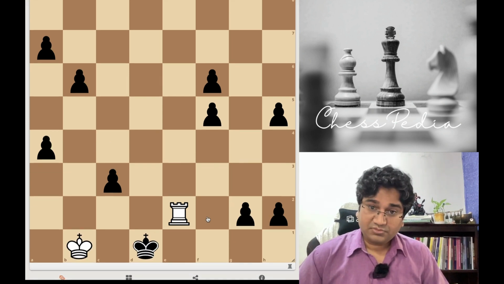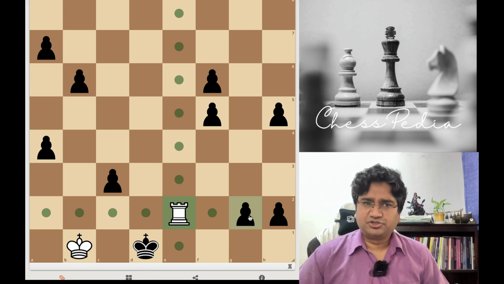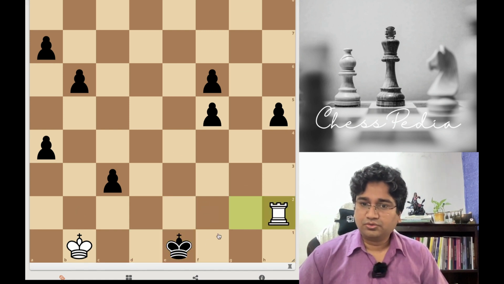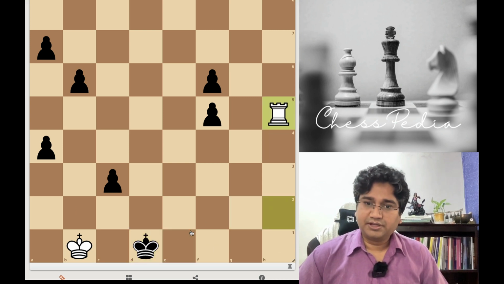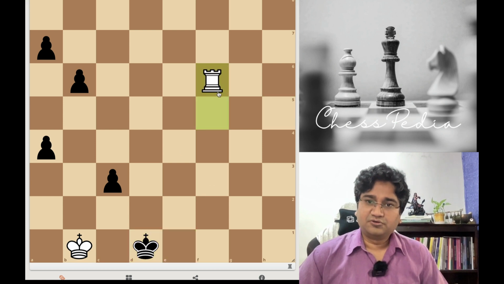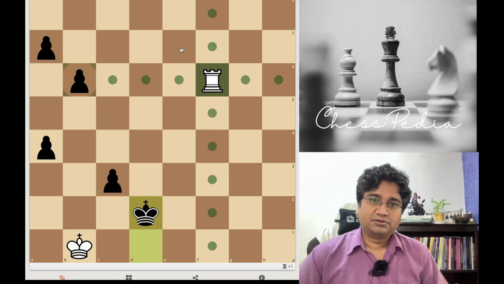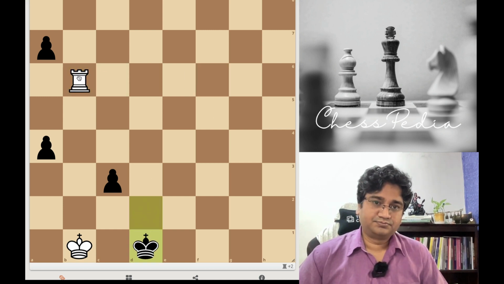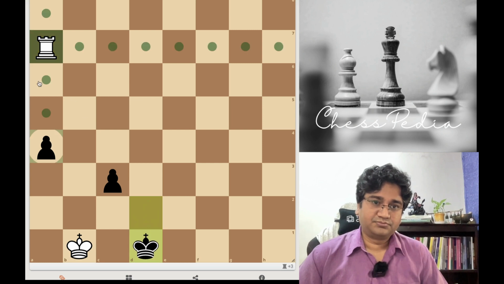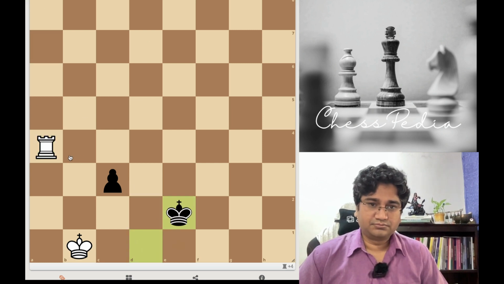So here again you try to capture. I will just show the captures. Pawns cannot move like this. 1, let's play this move, 2, 3, 4, 5, 6, 7, 8, 9, 10, 11.